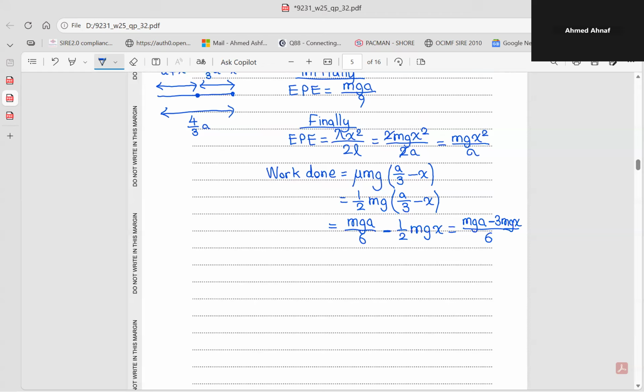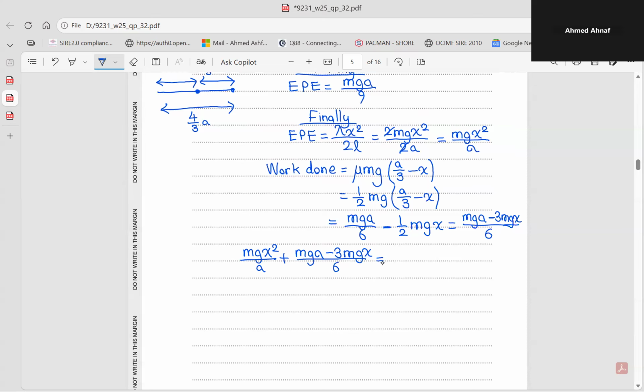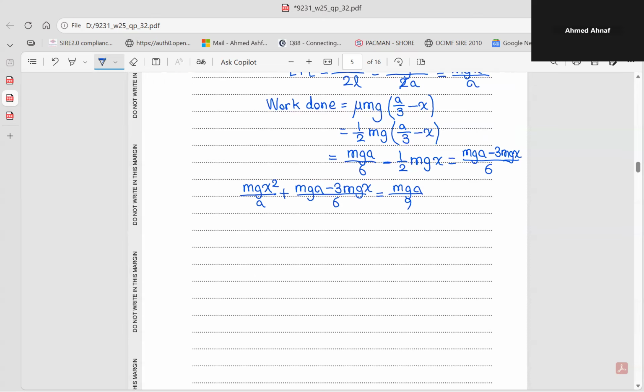So the final total energy, mgx squared over a plus mga minus 3mgx over 6 is equal to mga over 9.